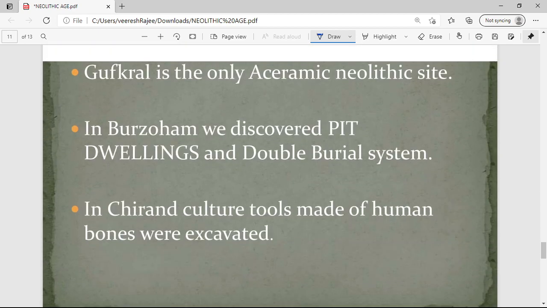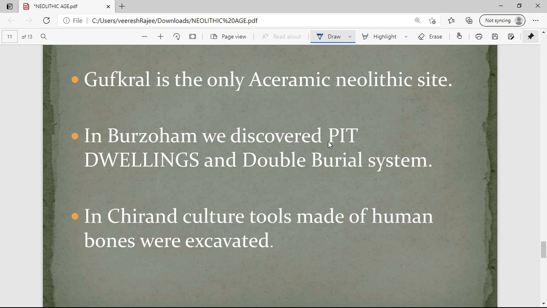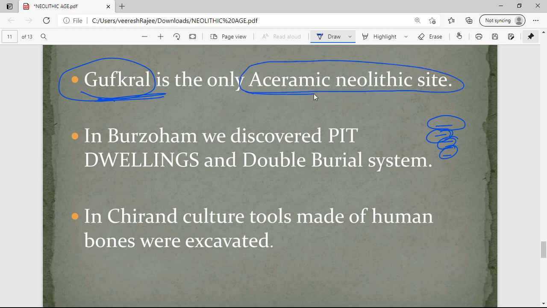We have learned about the important sites, right? Some of these sites have unique features. See the case of Gufkral. Gufkral is the only aceramic Neolithic site in India. In our previous slides, we discussed the meaning of aceramic.